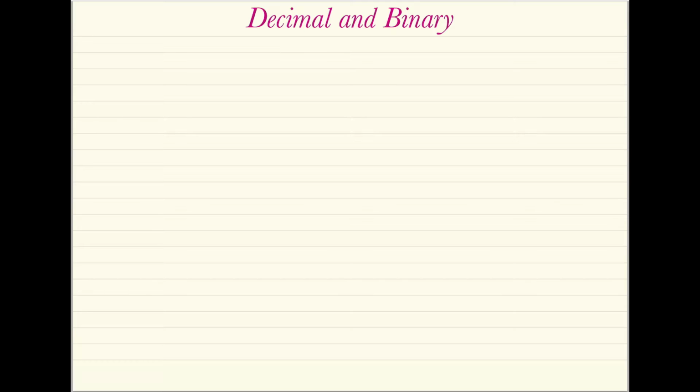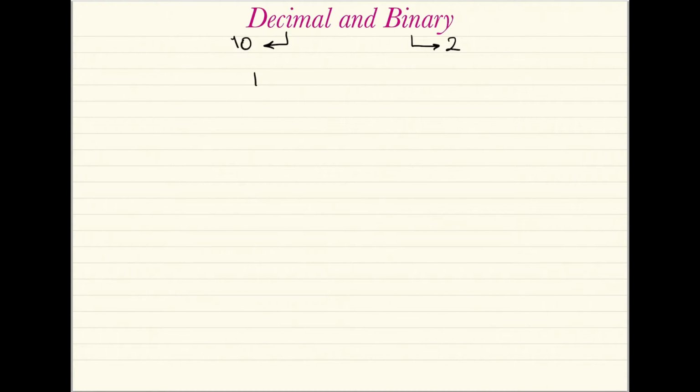So they invented different systems for numbers, and each system was based on a different number. For example, the system that was based on 10 was called decimal, and the system that was based on 2 is called binary. Now, what do I mean by based on 10?